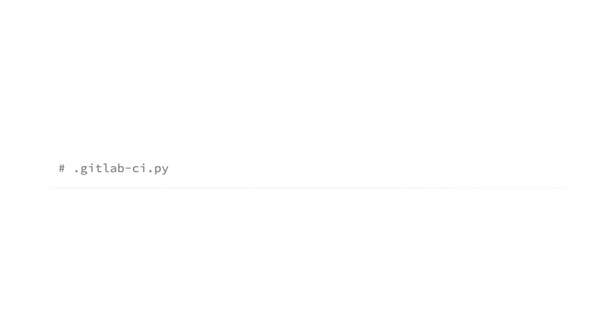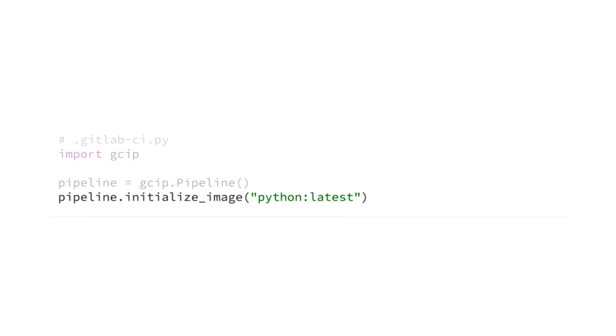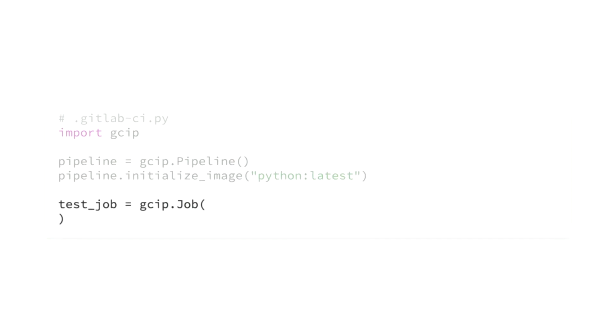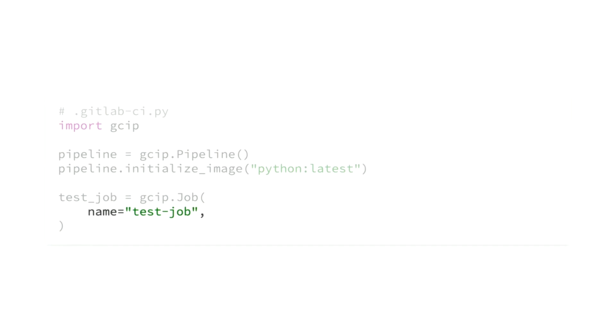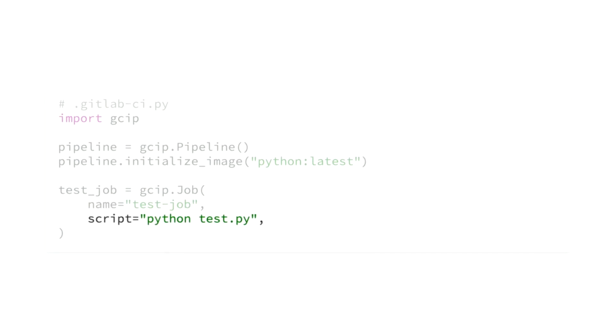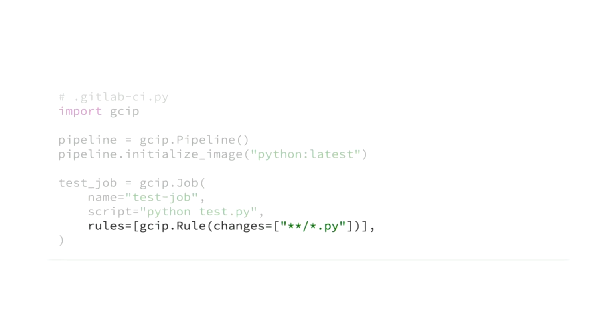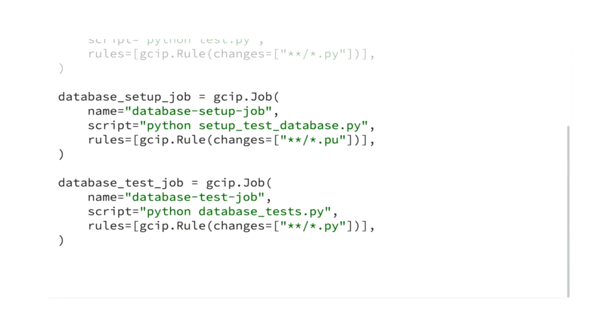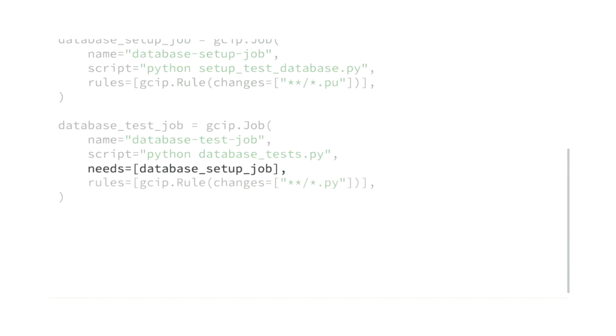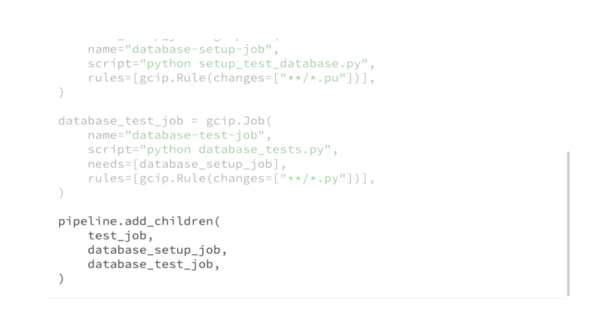Okay, so what does that look like? If we want to replicate what we had before, our config file would look like this. We import the library, create a pipeline, specify the default image, then we create a job, we give it a name, add a script, and its rules, doing the same for all other jobs, add in our needs, before finally adding all the jobs as children of the pipeline.